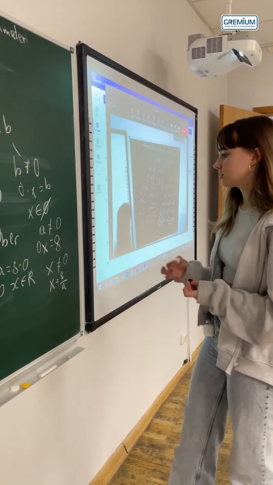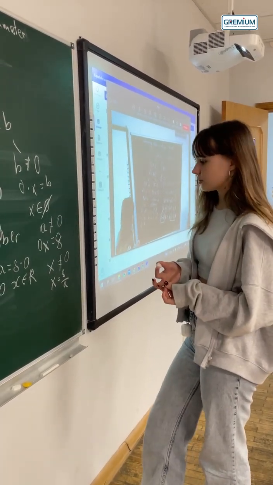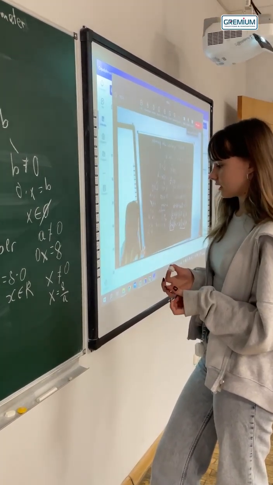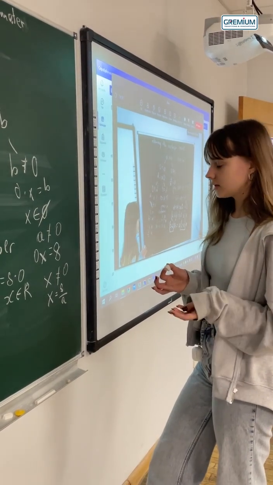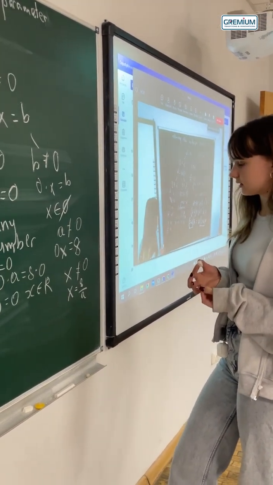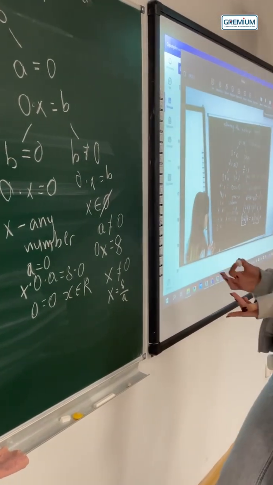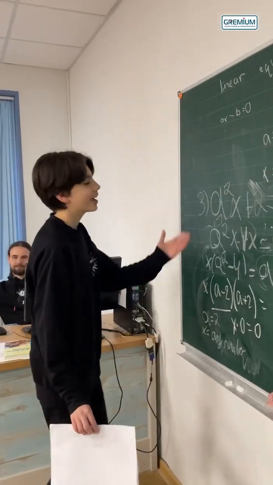And the second option is when a doesn't equal 0, so we have 0 times x equals 8, so it's impossible, so x is the empty set. And finally we have the option when x doesn't equal 0, so we have the answer that x equals 8 divided by 8.